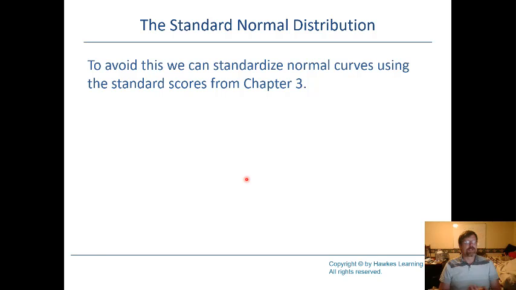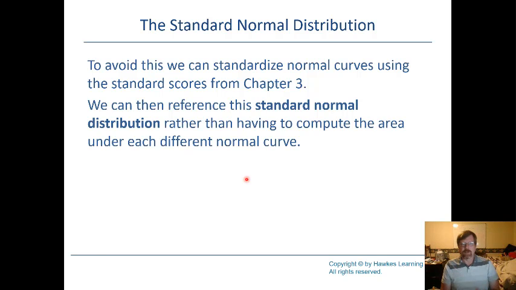Okay, so to avoid having to do lots of repeat calculations, we standardize the curves, and we convert it to a standard normal distribution. So rather than having to compute the area under each different curve, we convert all the values to, in essence, distance from the mean in terms of standard deviation.